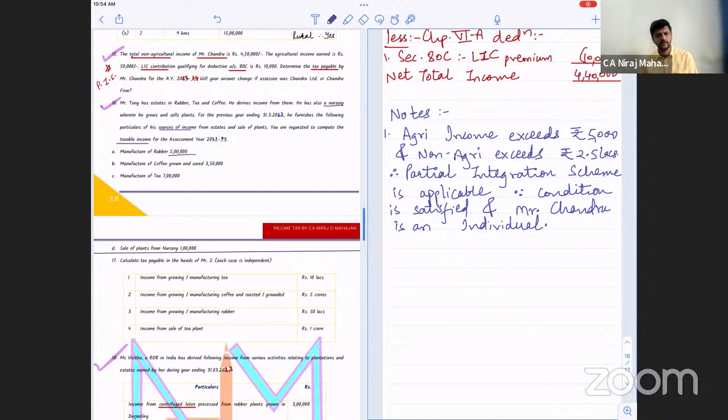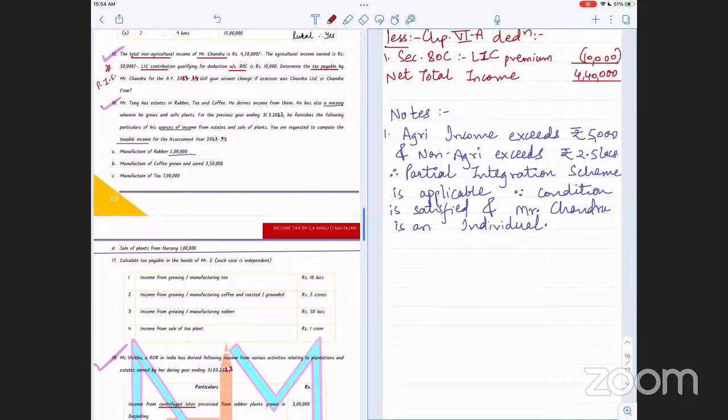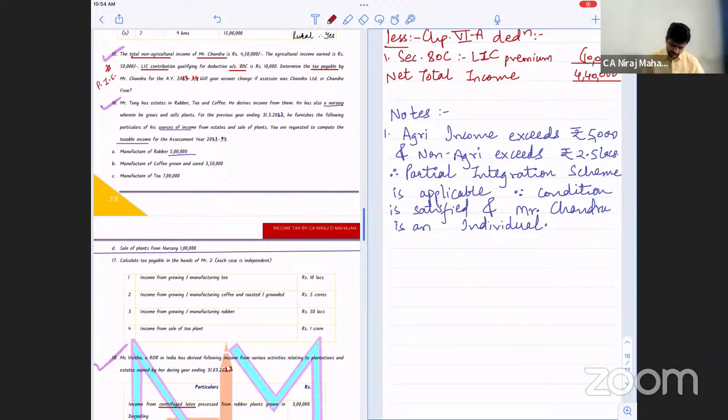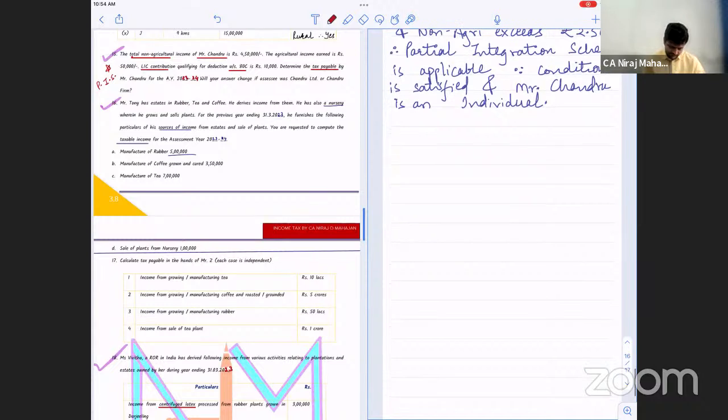Tell me, so now do we have to calculate or not under partial integration? Should we or should we not? Yes, we have to. Okay, at least calculate. Ready, steady, go.